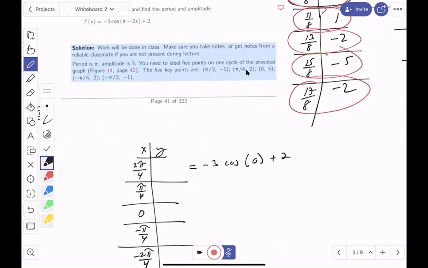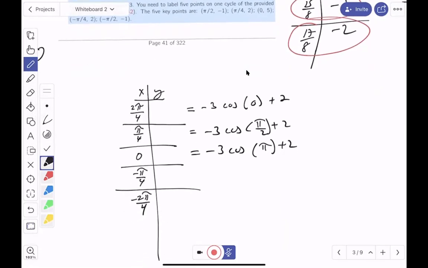Plus 2. Minus 3 cosine pi over 2 plus 2 minus 3 cosine. Let's see, that would give you pi. Just plugging it in. I'm sorry, 3 pi over 2.